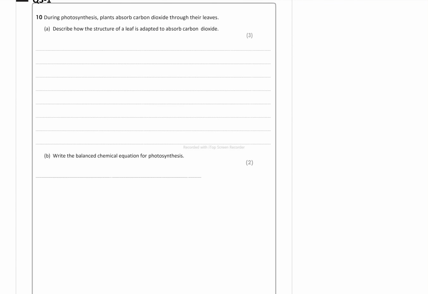During photosynthesis, plants can absorb CO2 through their leaves. Again, now watch this. Describe how the structure is adapted not for diffusion but to absorb something in particular, very particular. CO2. One carbon, two oxygens. This is called carbon dioxide. Okay.